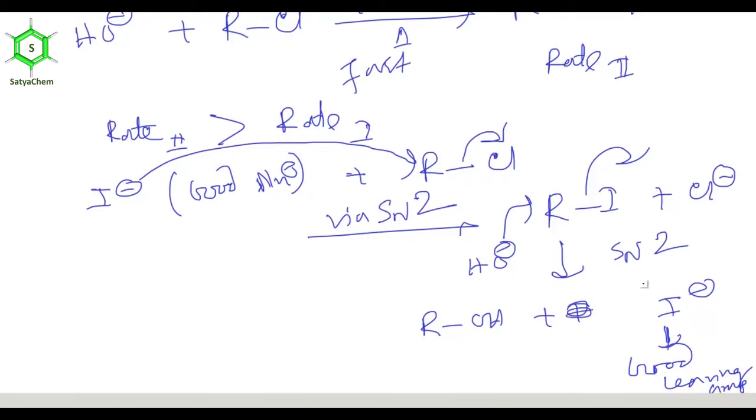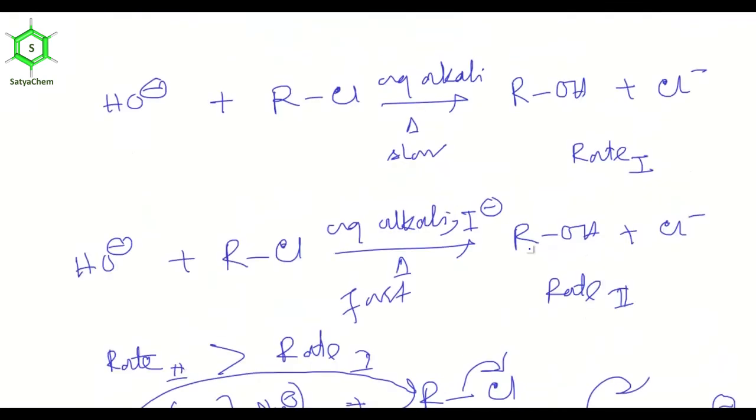So in the second case, this reaction involves two SN2 reactions. The first case involves one SN2 reaction, but still rate 2 is greater than rate 1, because in the second example both steps are fast.